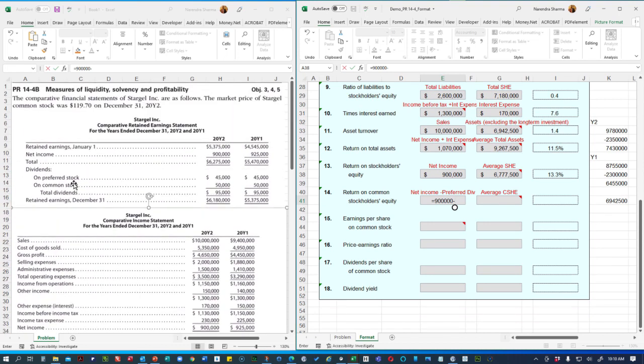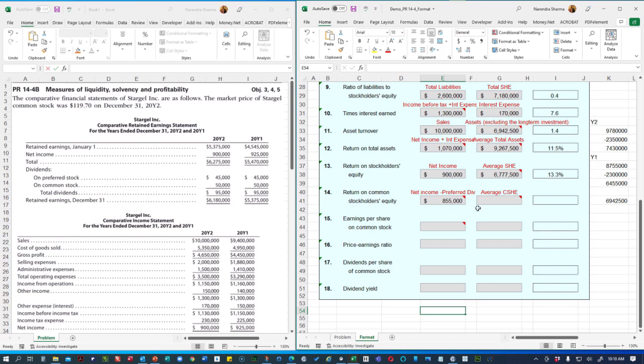Here it is. Look at the statement of retained earnings. The preferred dividend paid was 45,000. So that will be minus 45,000. Please remember that you'll have to look at the retained earnings to see what dividend was paid. So the preferred dividend was 45,000, and that's why I get 855,000.